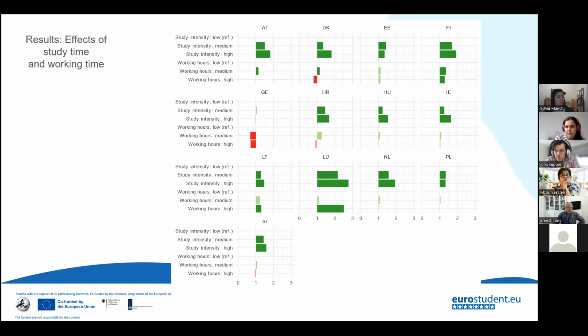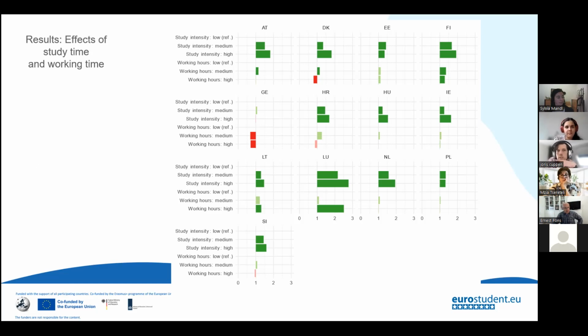For basically all the countries, you can see a positive effect of studying medium or high intensity. Only Georgia is an exception here. For working hours, it varies. For some countries, there's no effect. For some, for Denmark and Georgia, students with high working hours report less social integration.